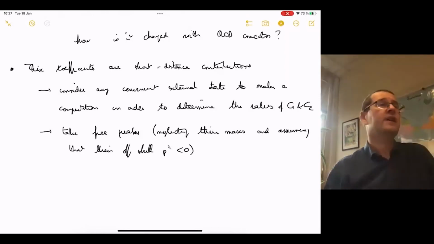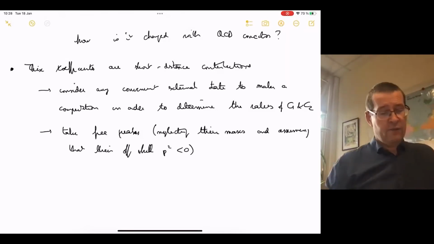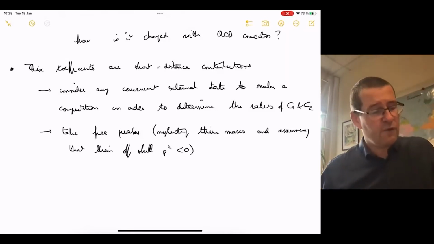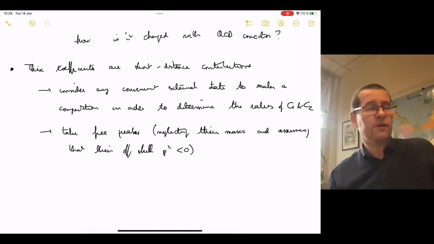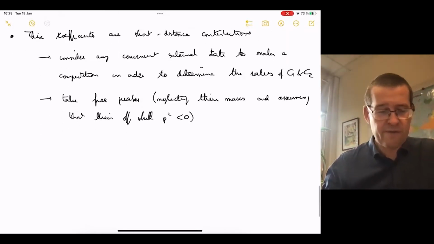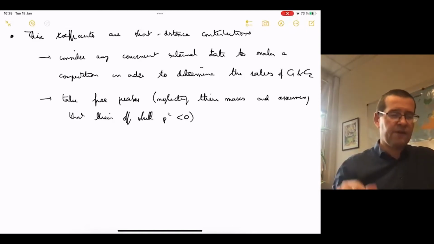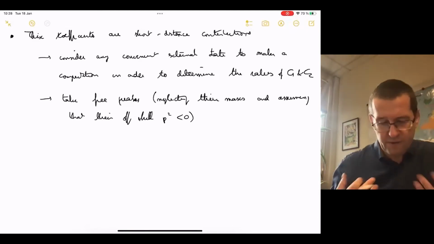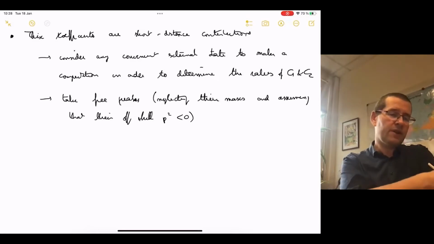Why do we do that? It's just that this way, we don't have to bother with the quark masses in the computations we're going to make, and that's important because the evaluation, which I'm not going to discuss in detail, I'm just going to give you the results, is going to be much easier.